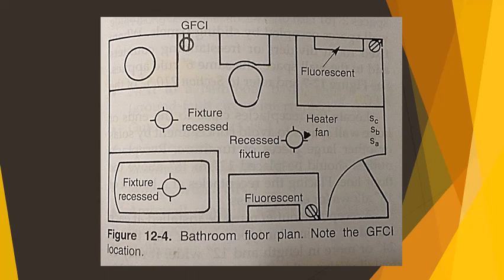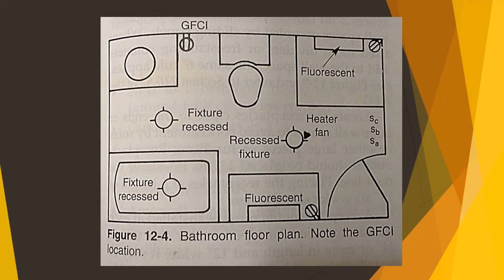Bathroom circuits. Due to the temperature and moisture changes that often occur in bathrooms, circuitry for this area warrants special consideration and discussion. The NEC requires that the bathroom be equipped with a switch-controlled lighting fixture and a GFCI protected receptacle outlet adjacent to the basin. Figure 12-4 shows a typical floor plan of a bathroom indicating the electrical fixtures.